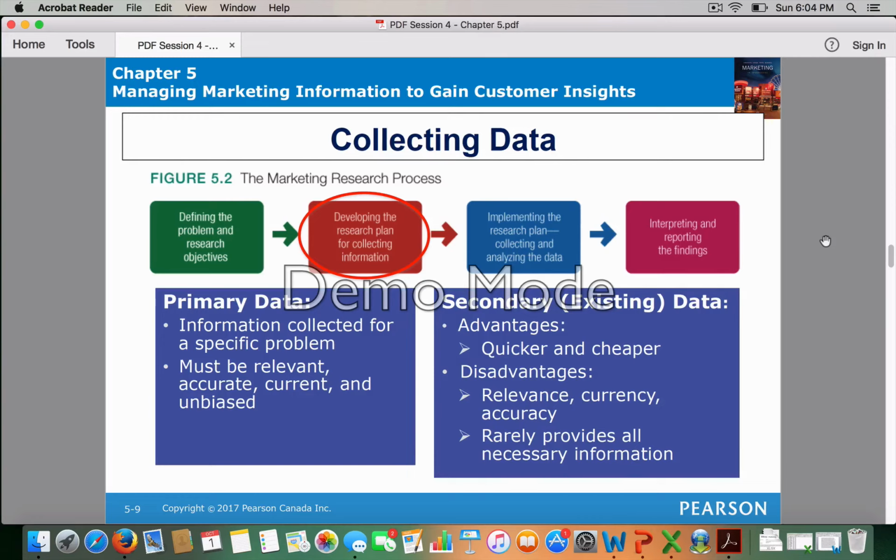Also, secondary data rarely will provide all of the information or answer all of the questions that you might have. It may answer enough of them that you're satisfied that it's not worth the money and effort to collect our own information. There's enough here that we can use it, but the reality is you're probably never going to find secondary or existing data that answers all of the questions that you're asking for your organization.